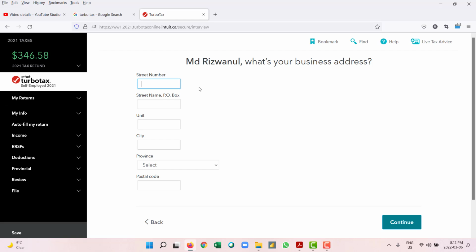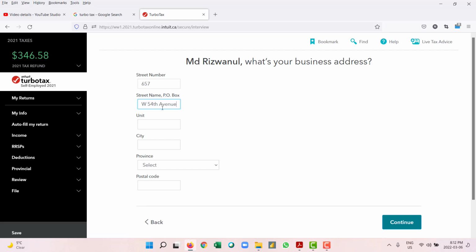So what is your business address? Sorry, is the street number wrong? The street number is 657, West 54th Avenue.